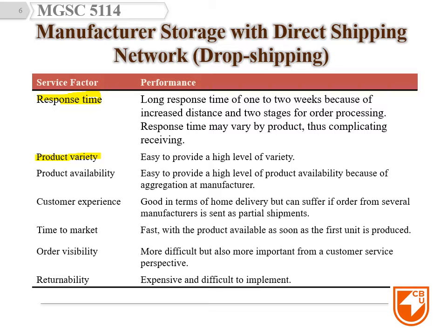So dropshipping has a high product variety. Product availability and product variety are almost in the same direction. So it's easy for us to provide products because we are connected to manufacturers, inventory, and the ability to customize the products as soon as possible.